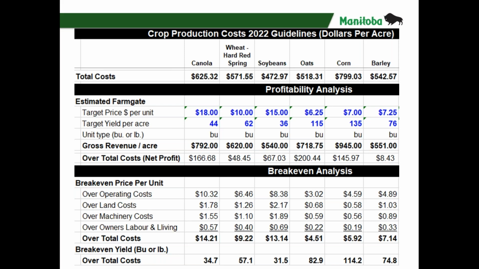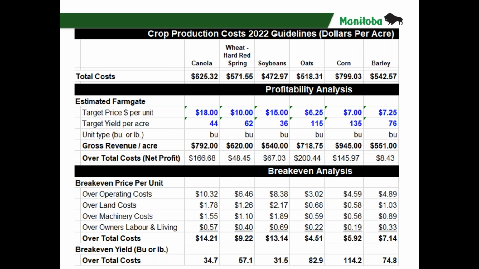The argument could be made, if we see those types of yields in this slide here, will those prices hold? I guess that's the million-dollar question. I would say that the supply pipeline looks to be pretty emptied, so I think there's going to be some good support for prices and profitability, but it's still something that we have to be aware of and have to consider when we're making our plans.